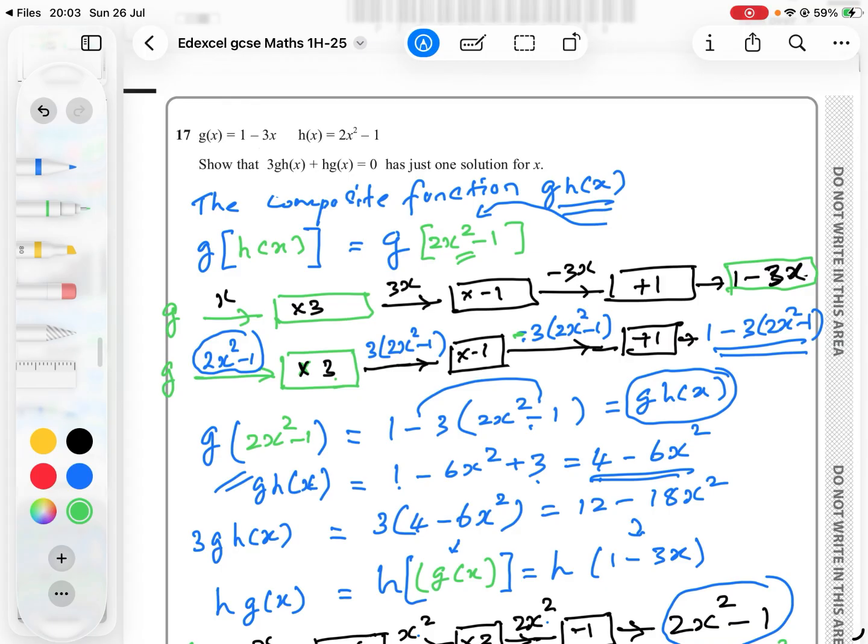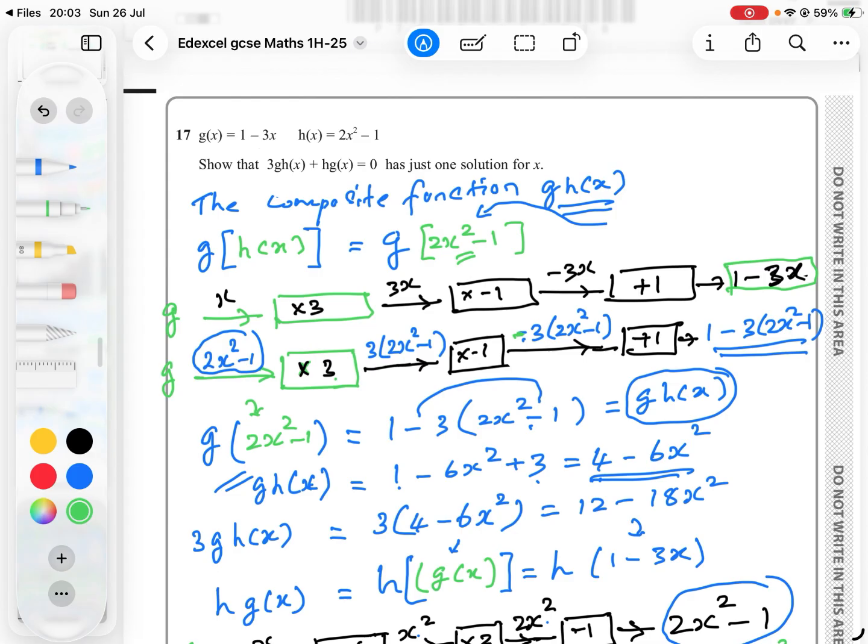Add 1. This is your outcome: 1 minus 3 times 2x squared minus 1. So function g, when you send in 2x squared minus 1, gives 1 minus 3 times 2x squared minus 1, which is gh(x).